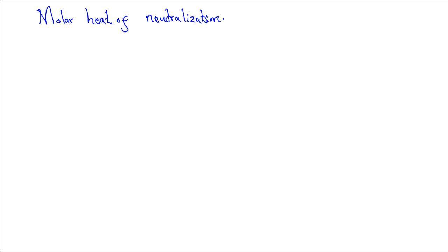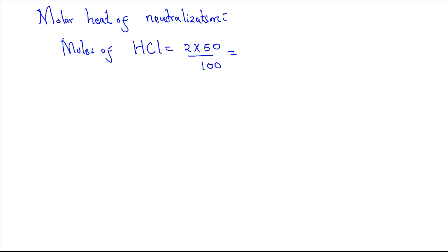First of all, we'll calculate the moles of the solution, starting with moles of HCl, that is 2 times 50 over 1000, giving 0.1 mole.